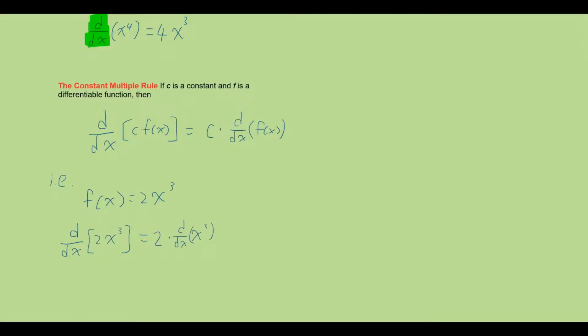And we know how to find the derivative of x cubed. Bring down the power, decrease the power by 1. So what we have here is 2 times 3x squared. And then you can combine the 2 and 3 by multiplying them together. So 2 times 3, that's 6x squared.